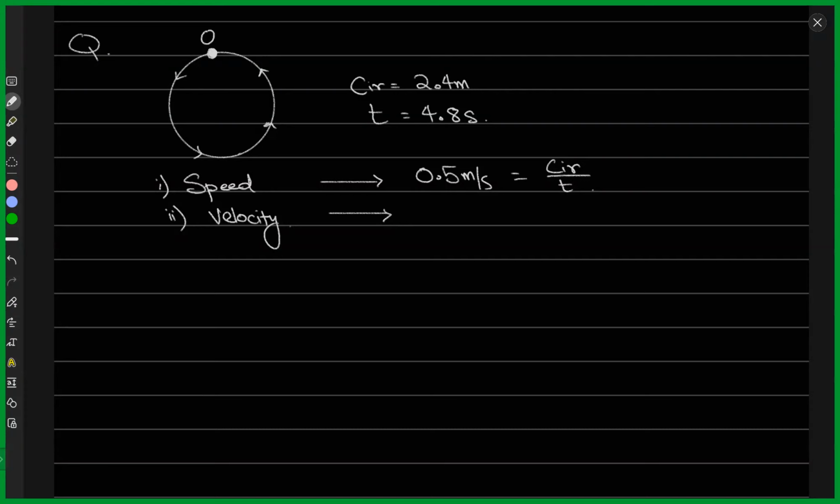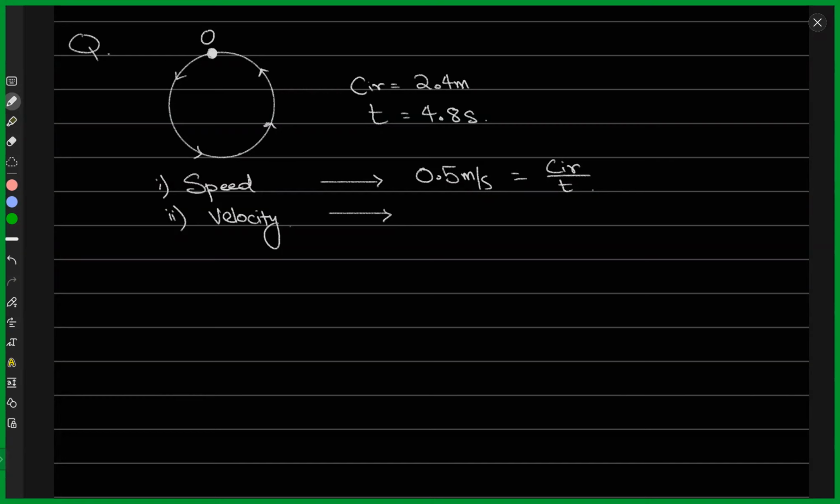Can you come closer to the mic? Velocity is like this: 0.5 meters per second from the right hand side of the circle to the left hand side, or it can be opposite as well. Okay, I did not really quite get you.